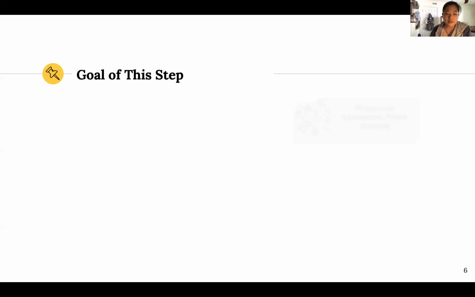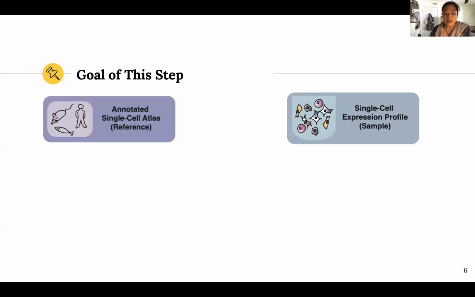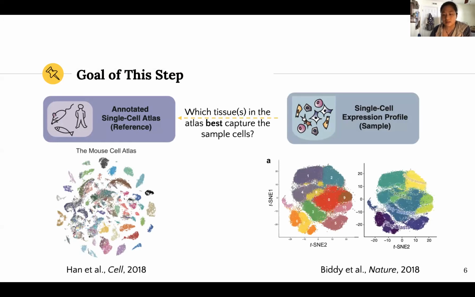So the goal of this step is that we have a single cell expression profile, which is our sample, and we have our annotated single cell atlas, and we are trying to ask the question: which tissue in the atlas best captures the sample cells? Take the example here where we use the mouse cell atlas, and our data, which is what we used in the paper back in 2018, of the reprogramming from mouse embryonic fibroblasts to IEPs.